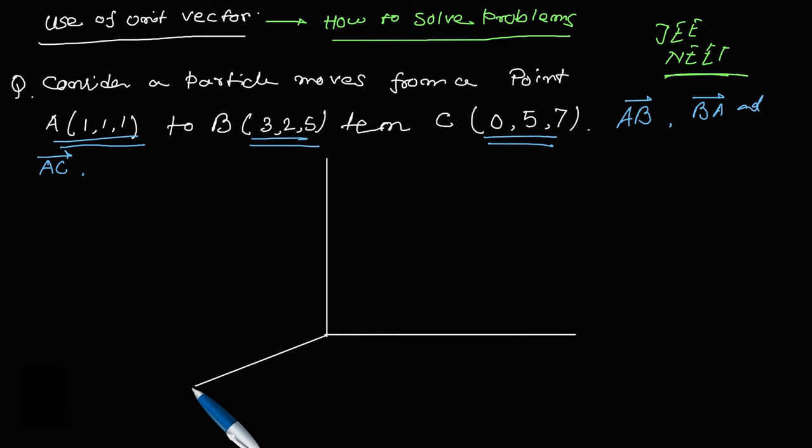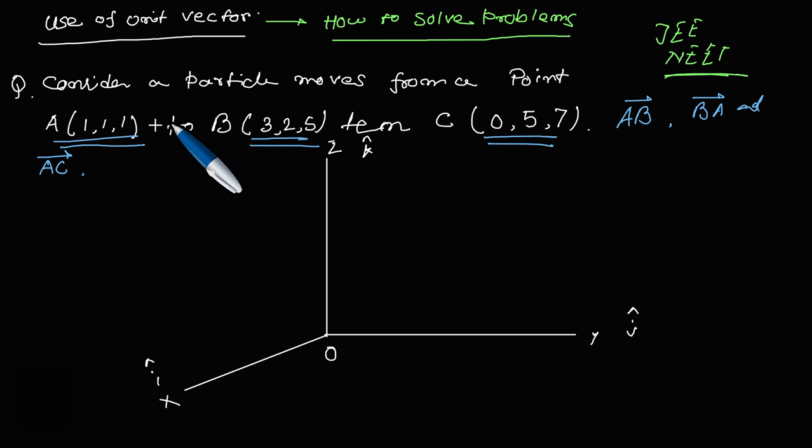If you don't, I will do it later, just comment. This is my origin, and this is the x, y and z, and the unit vectors are i cap, j cap, and k cap.